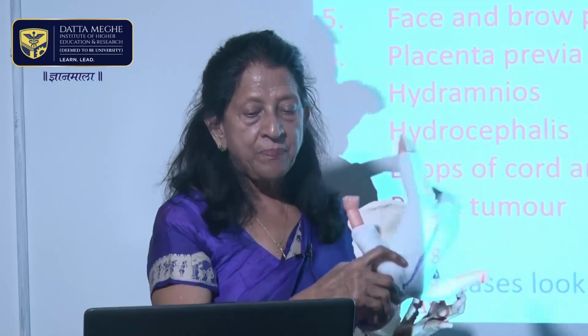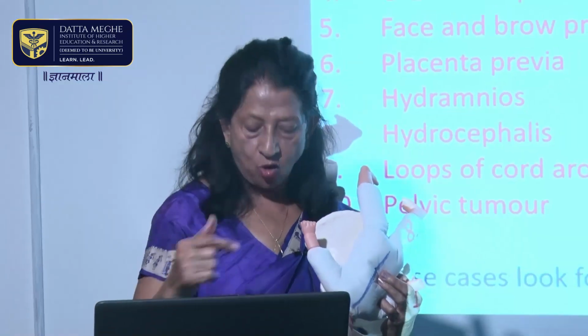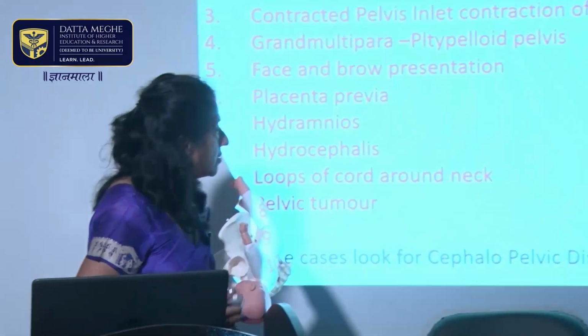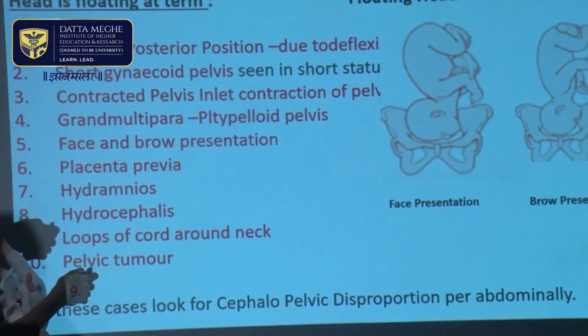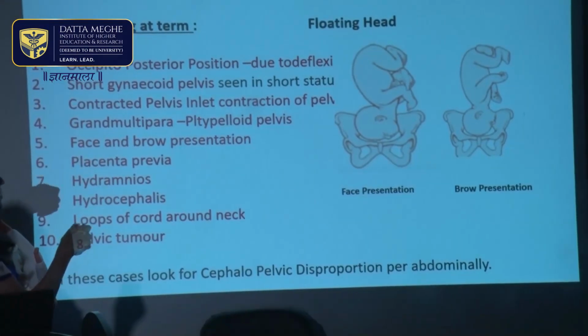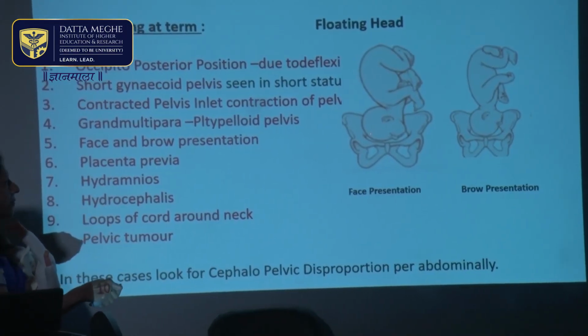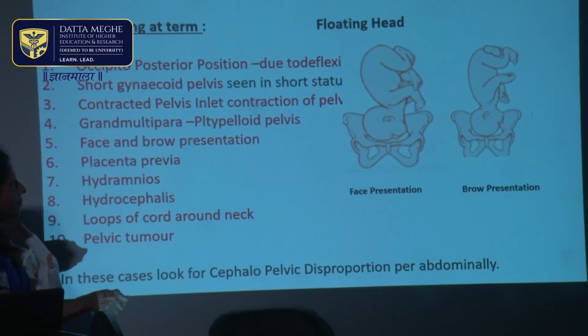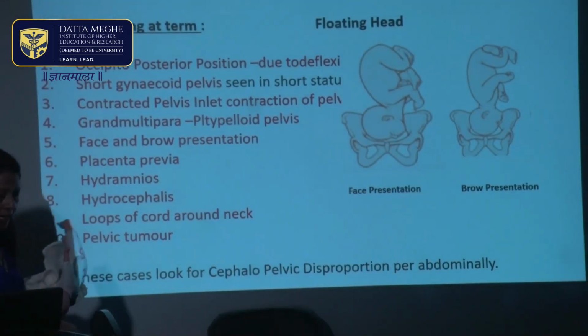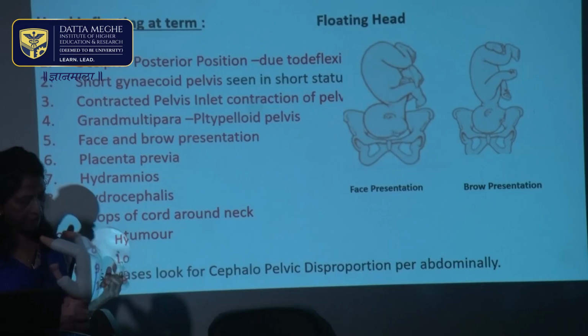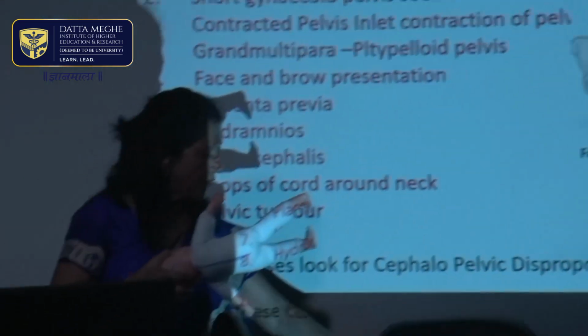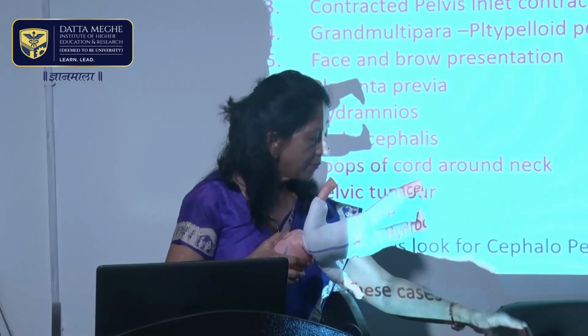But remember, in the sequence, among all these 10 causes, the first cause is occipito-posterior position. This is a very important point to remember. It is due to deflection of the head. This is face presentation, this is brow presentation, and when the head is not well flexed, it is deflexed, it means the diameter of engagement is more.